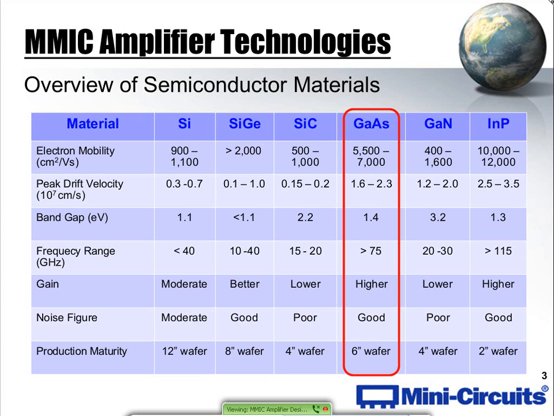Indium phosphide has cutoff frequencies well in excess of 100 gigahertz. So it was relegated for many, many years to the R&D labs. For those of you who remember, Hughes Research Labs or TRW were developing InGaP devices for millimeter wave radar, and then ultimately for military applications, and then ultimately for collision avoidance.